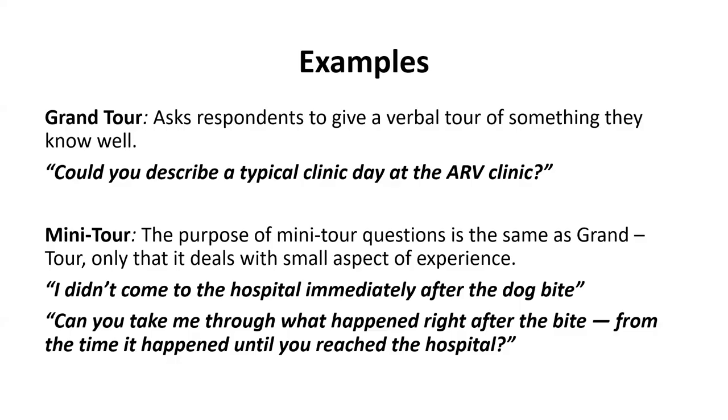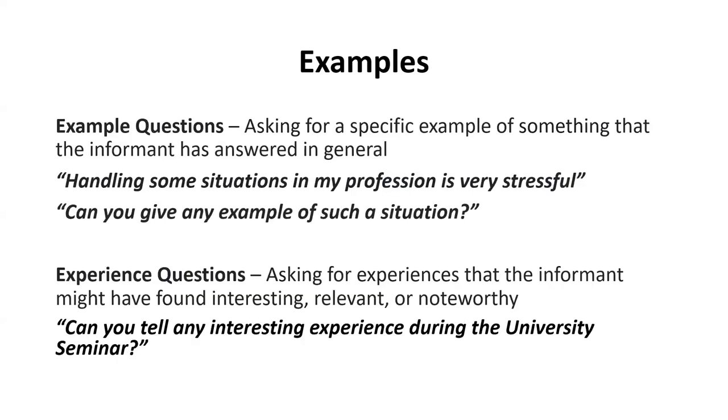So you say, can you tell me what all happened from the time the bite occurred to the time you reached the hospital? You are now focusing on a particular time frame. That is a mini tour. In a grand tour you put a lot of respondent burden, and chances of recall bias might be there. In a mini tour, it is more likely that you're going to get reliable answers.